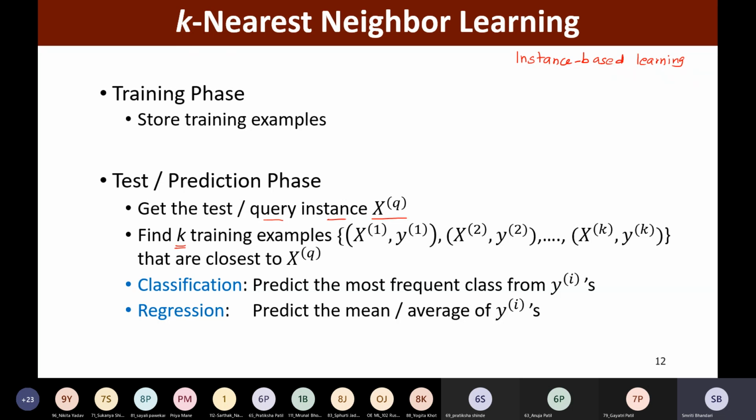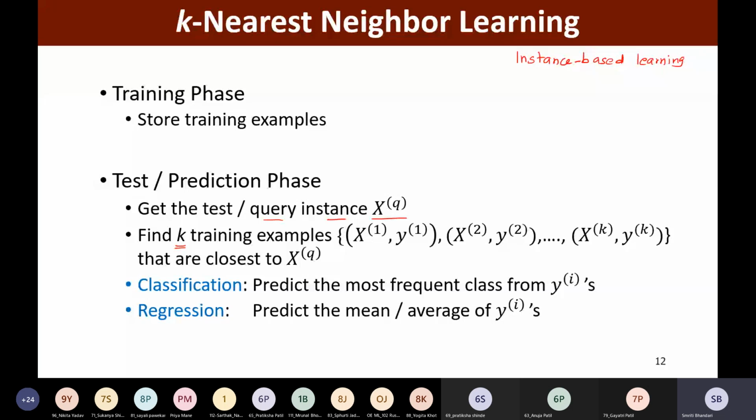But the important point that we had discussed is how to find out which training examples are closest to xq, the query instance. To find the closest samples, we need to find the distance between the test sample and every training example.